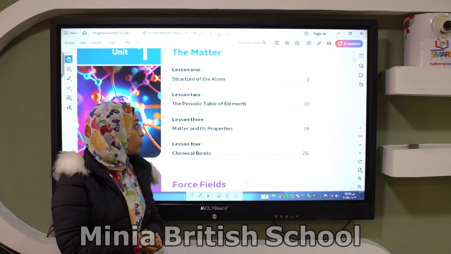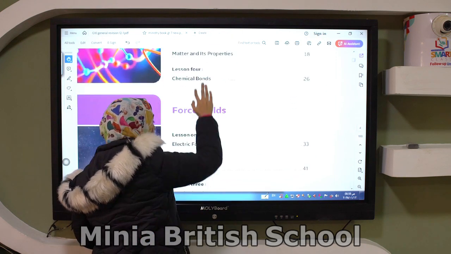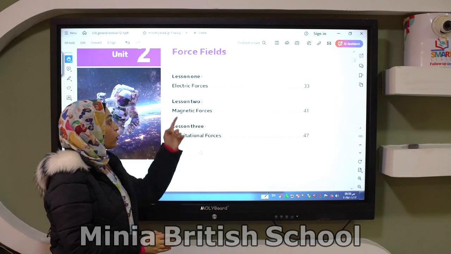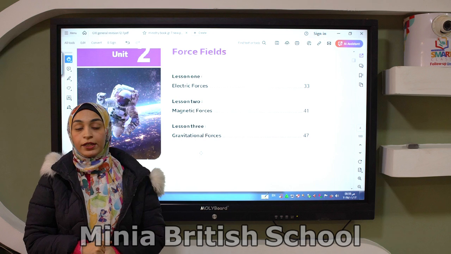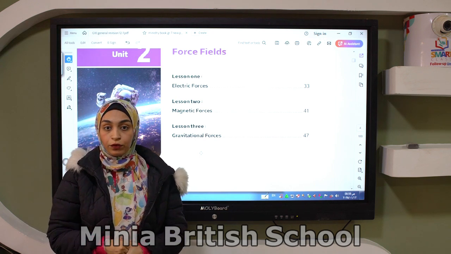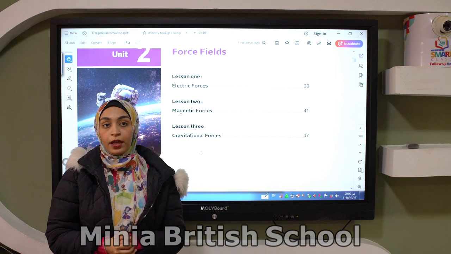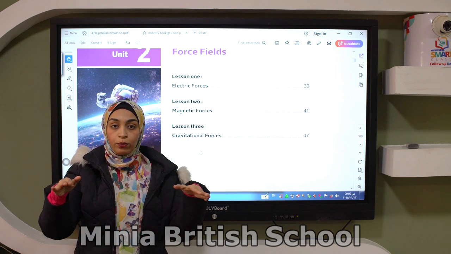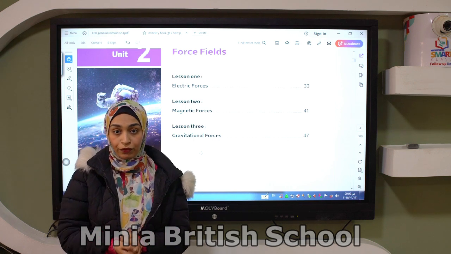That's for Unit 1. Let's start Unit 2. Starting with lesson 1, the electric forces. We started this lesson with the meaning of the electrostatic force. It's a type of force or charges that accumulate on the surface of an object that is charged by contact or even by friction.